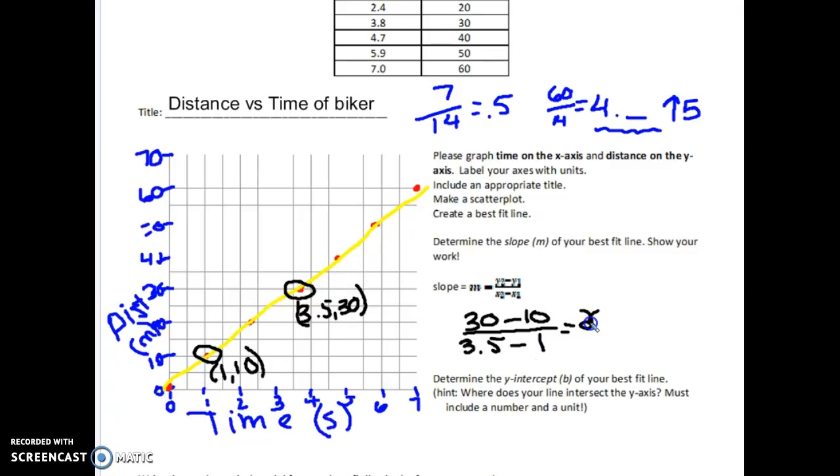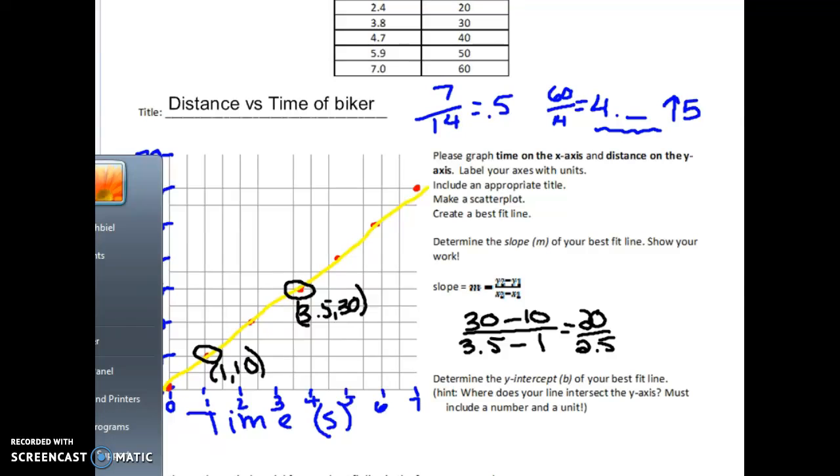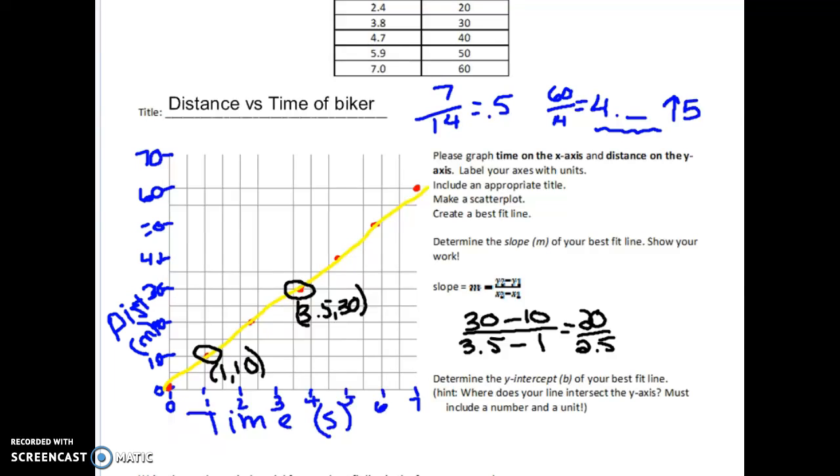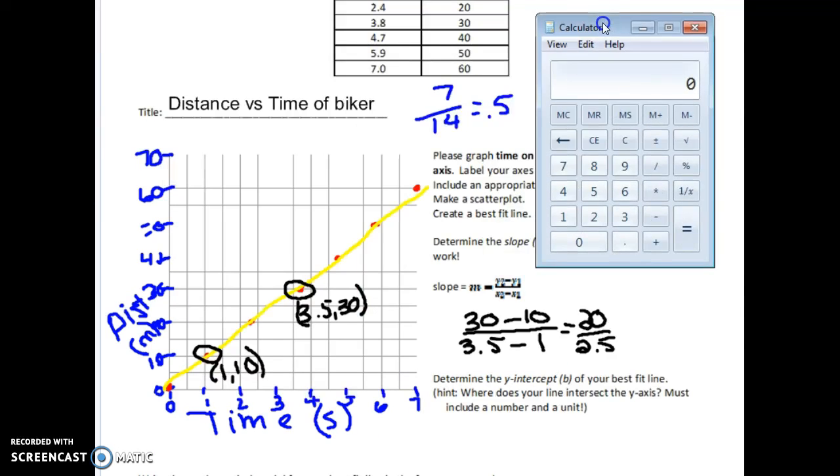So I've got 20 divided by 2.5. Now, even though I feel like I'm pretty decent at mental math, I would have to get out my calculator, and I'm just going to do 20 divided by 2.5. And it gives me a value of 8.